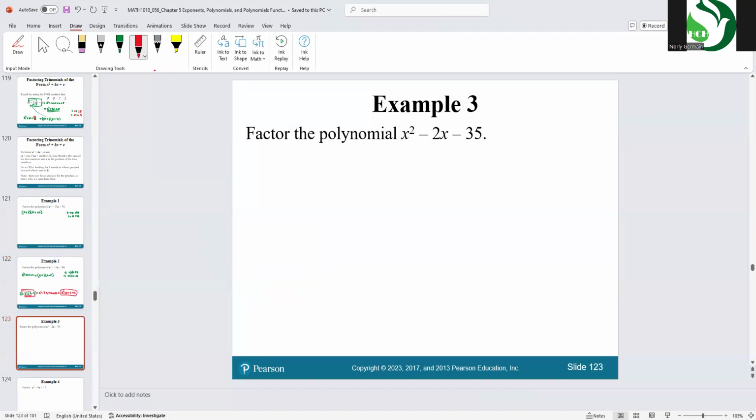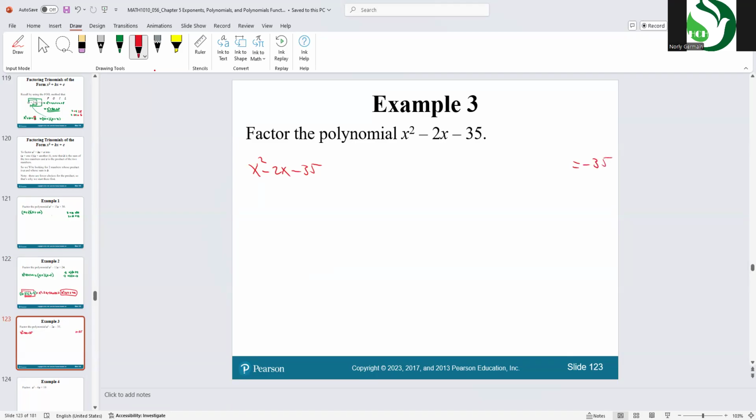Now, let's suppose for this one, x squared minus 2x minus 35. Now, what are the two numbers? When you multiply, they give you negative 35.